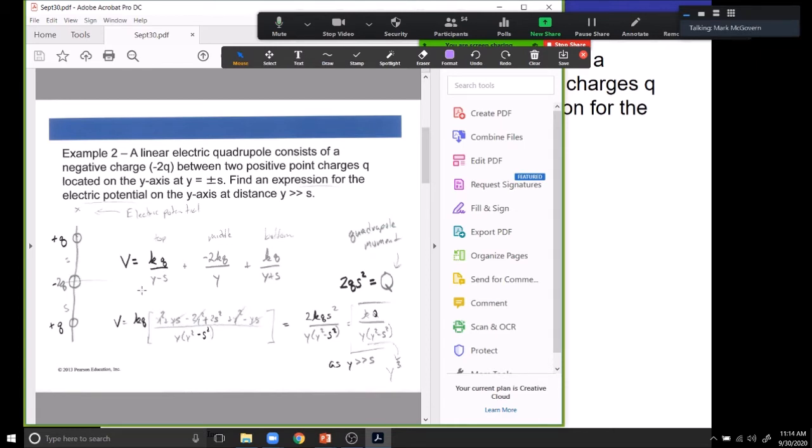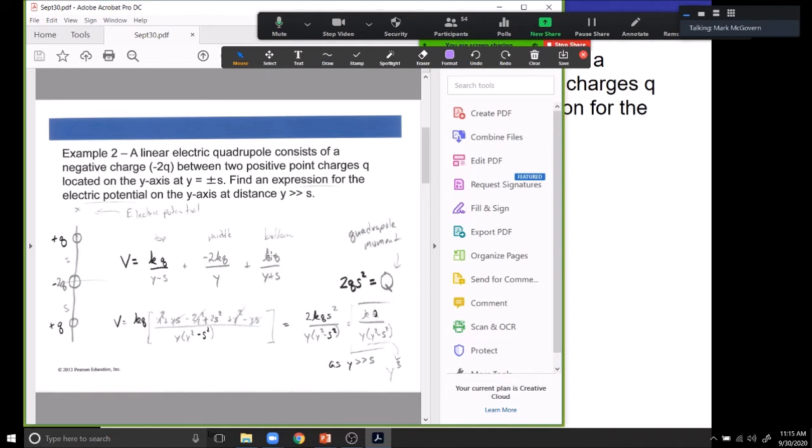We want it on the y-axis, somewhere like up here. So we have our expressions kq over the distance. For the positive charges, kq over either y minus s or y plus s is how far away the positive charges are. And the negative charge is just our y coordinate. That's the top, middle, and bottom charges.